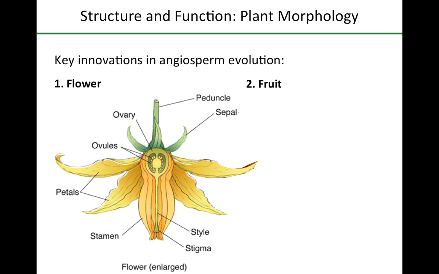If we look at this flower here, this is a tomato flower actually, and here we have the ovary, the female part of the flower, and inside we have these ovules. So if this tomato flower is successfully pollinated, so if pollen is deposited here and the sperm make it down and fertilize these ovules, then seeds will develop from those.